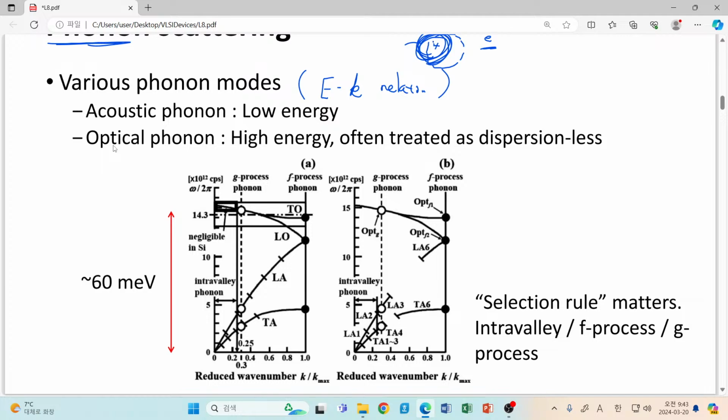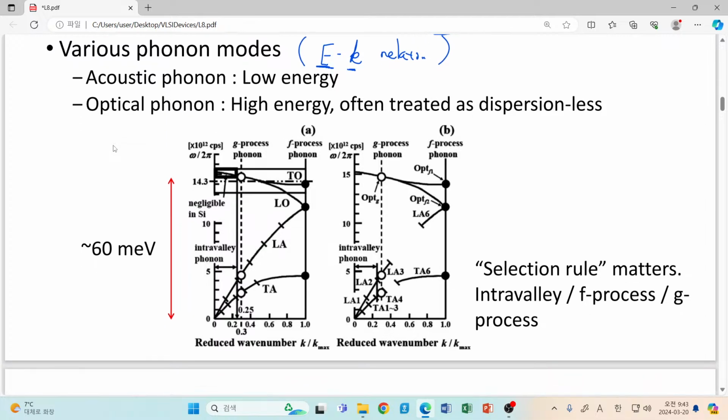So now we can consider the energy versus k relation of our phonon, and you are now looking at the E-K relation of a silicon phonon system. Just like the electron has quite a complicated E-K relation, phonon also has a quite complicated E-K relation.